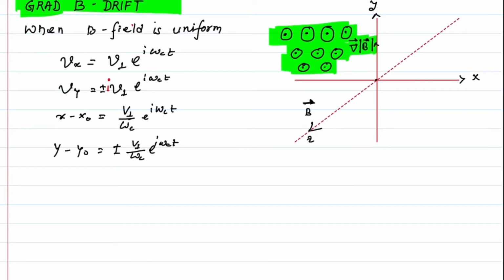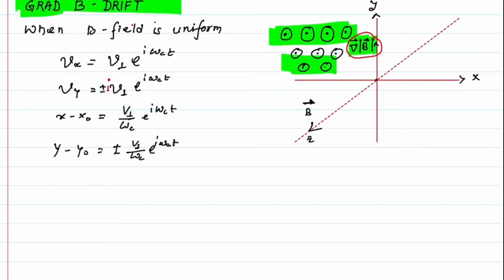It represents the variation of magnetic field line density. I hope you have understood that point. Due to the gradient in the magnetic field, the Larmor radius will be greater at the bottom of the orbit, and at the top it will be smaller.